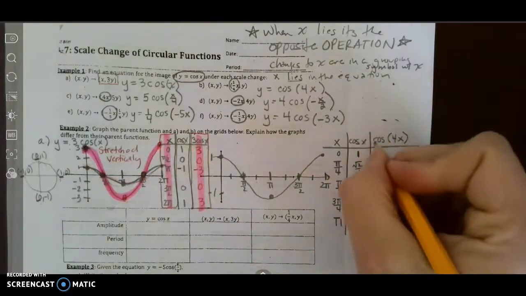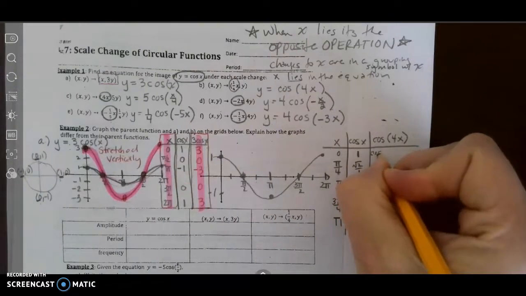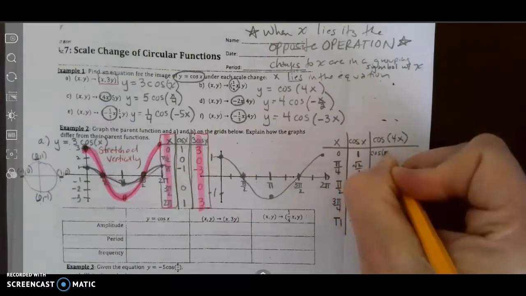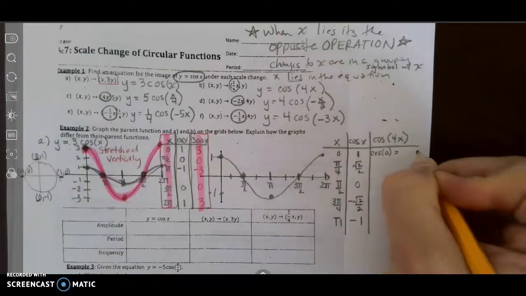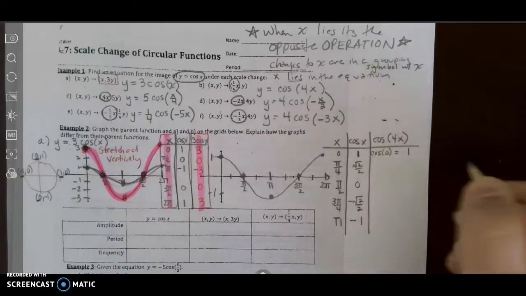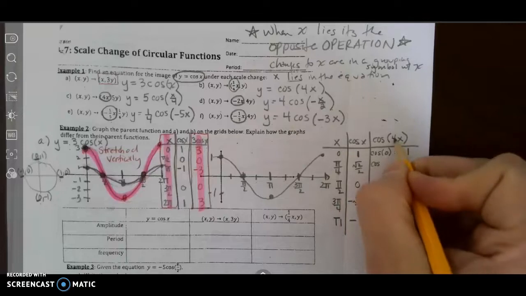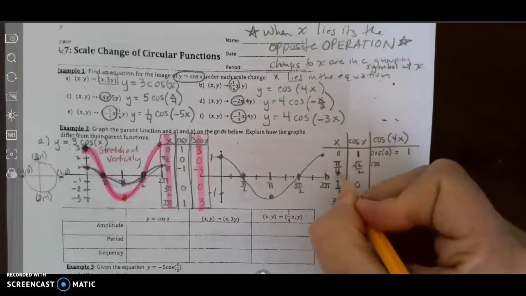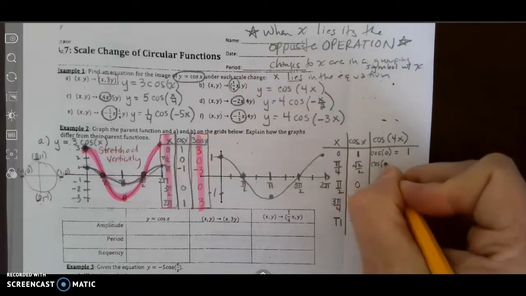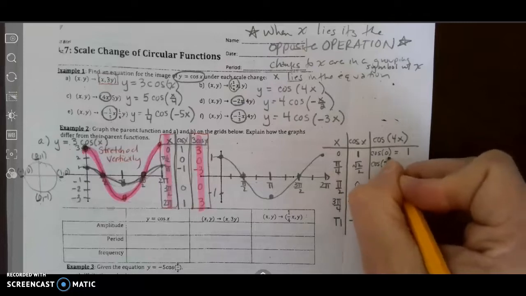So for the first one, I'm taking the cosine of 4 times 0, which is still 0. So I still get 1. Here I'm taking the cosine of 4 times pi over 4, which is just the cosine of pi.